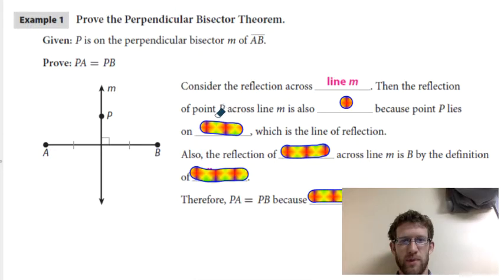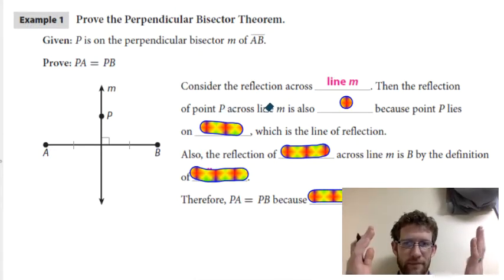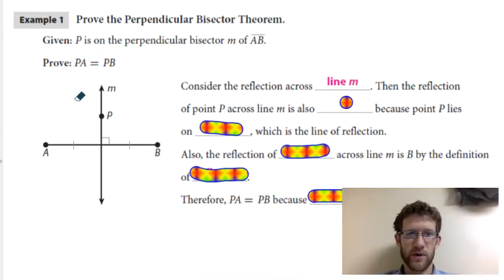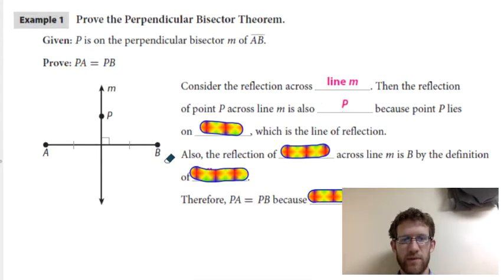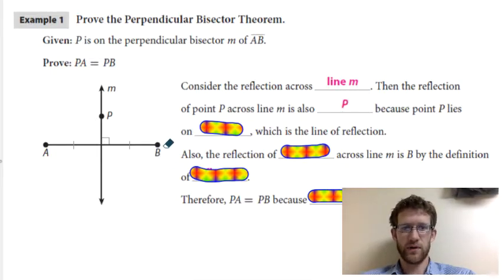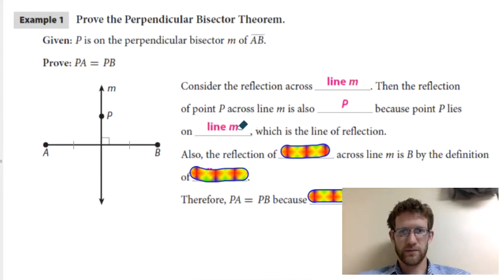If we reflect point P across line M, where do we end up? Most of us figure out, well, oh, we also line up at point P, right? Point P doesn't move because it's on the line. So the reflection of what else could we reflect across line M?